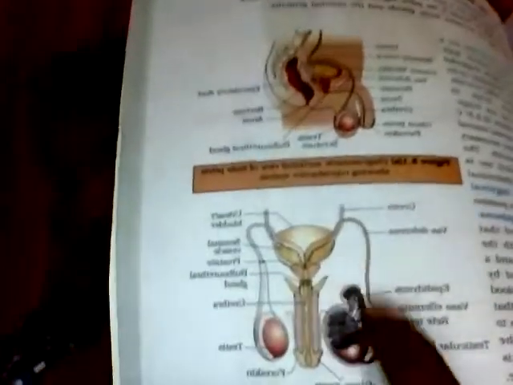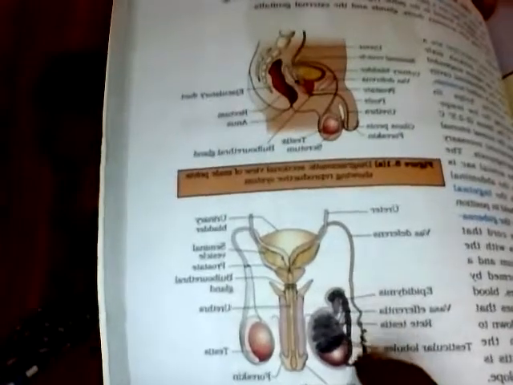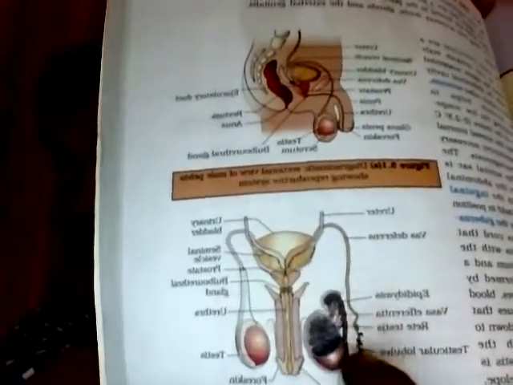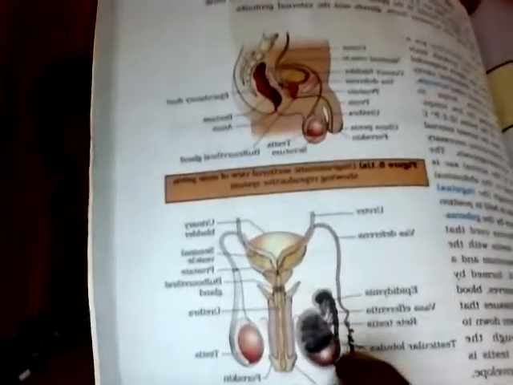This is the epididymis, and it is highly coiled. It arises from the posterior side of each testis and consists of three parts.